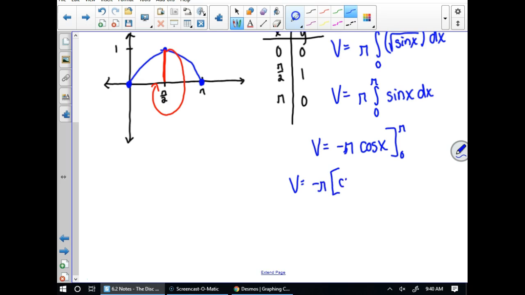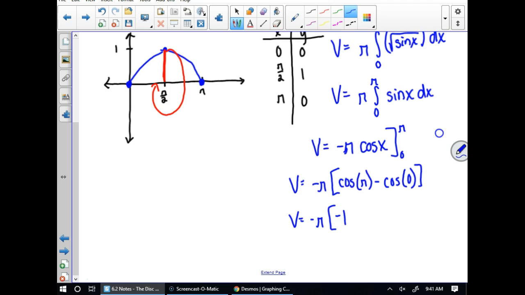And then that'll be cosine of pi minus cosine of 0. What is cosine of pi? Well, I put the negative out here with the pi. You could keep it with the cosine if you want.